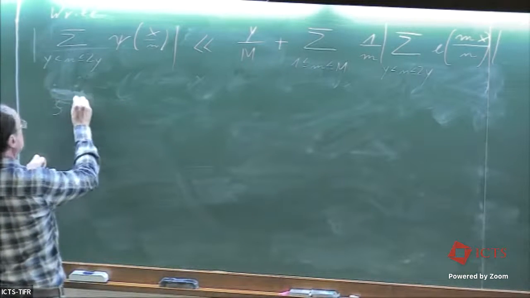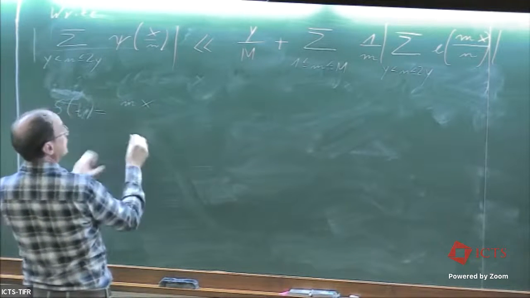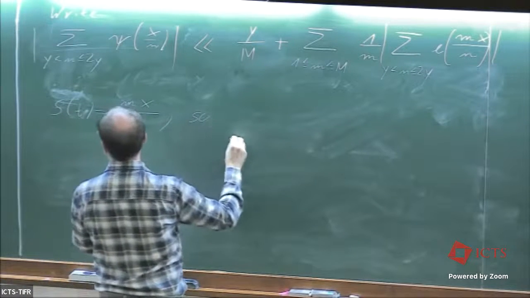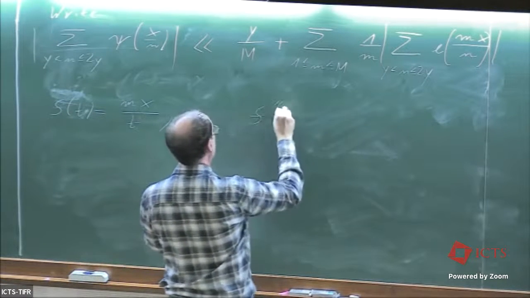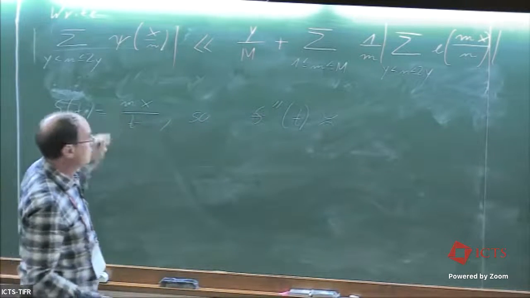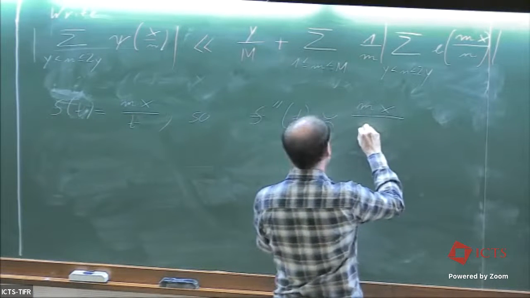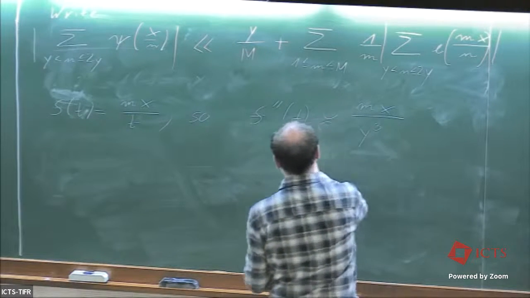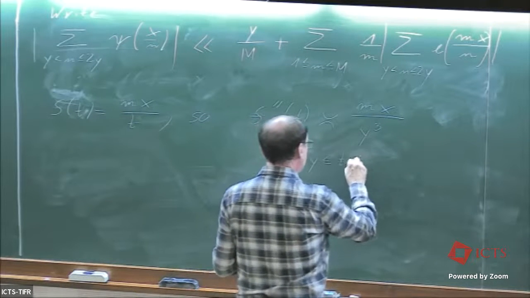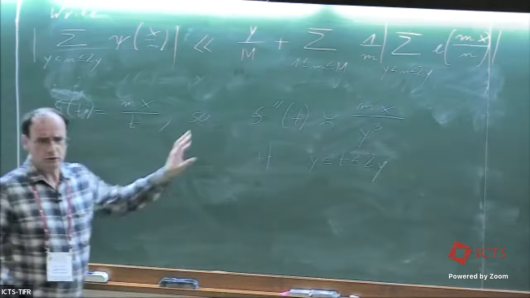So f of t is mx divided by t. So f double prime of t is of size approximately mx divided by y to the 3 if y less or equal t less or equal to y. We don't care about the constants.